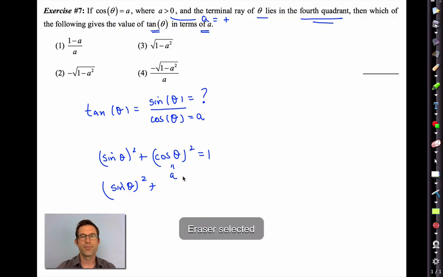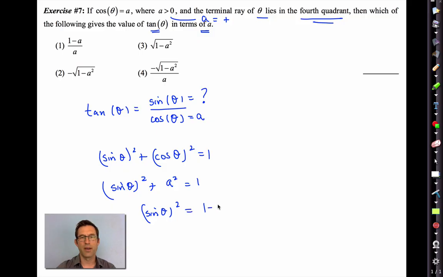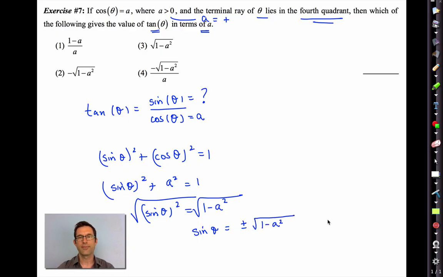So that's just a squared equals 1. That means sine theta squared is 1 minus a squared. Take the square root of both sides, and remember something critical about square roots, they don't distribute. So the best I can do is actually put plus minus square root of 1 minus a squared.